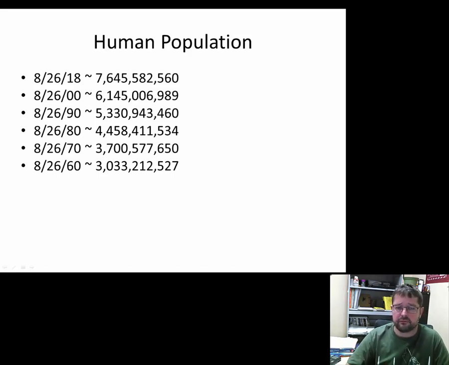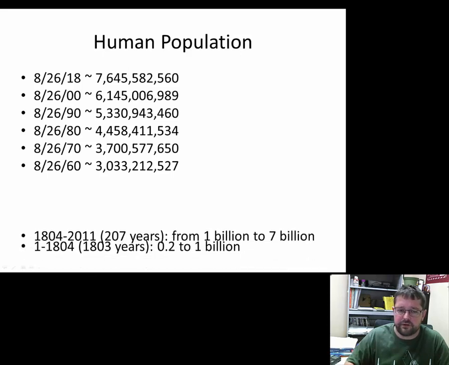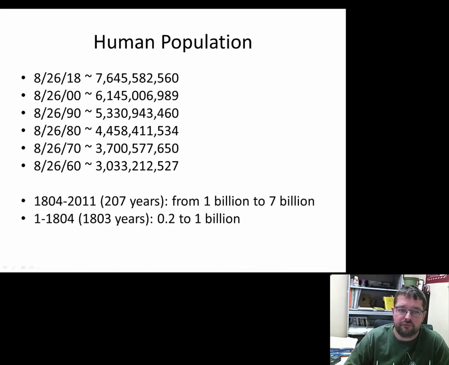Now that might be concerning or it might not be concerning, and we're going to look at how this might affect world issues today. We can put it in a different perspective. From 1804 to 2011, we went from 1 billion people on the planet to 7 billion people.